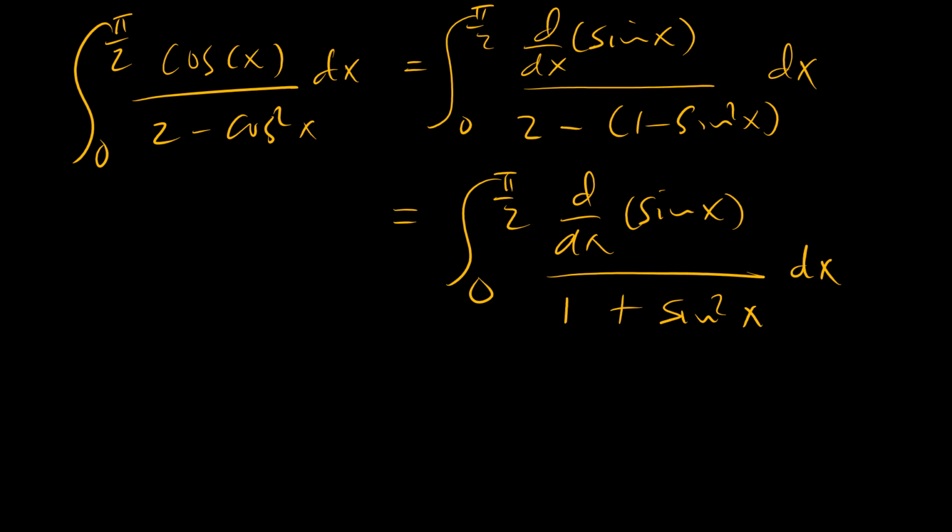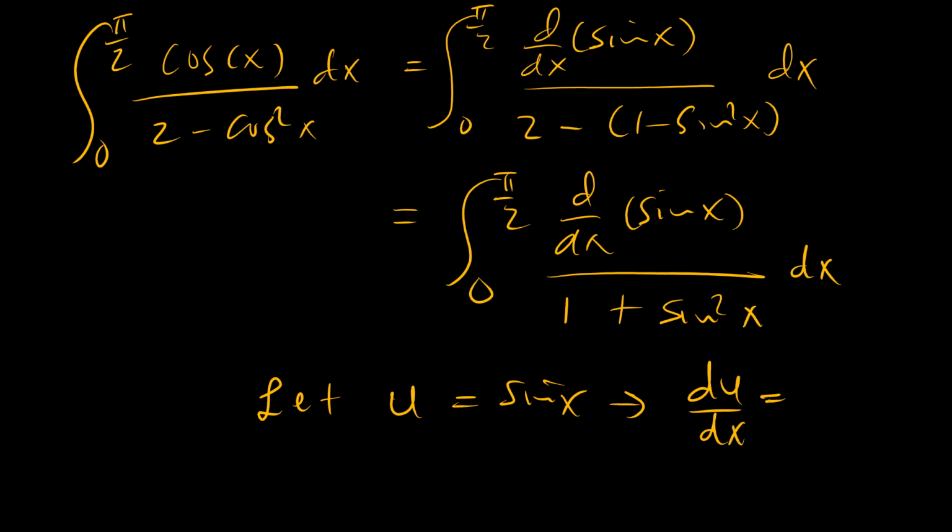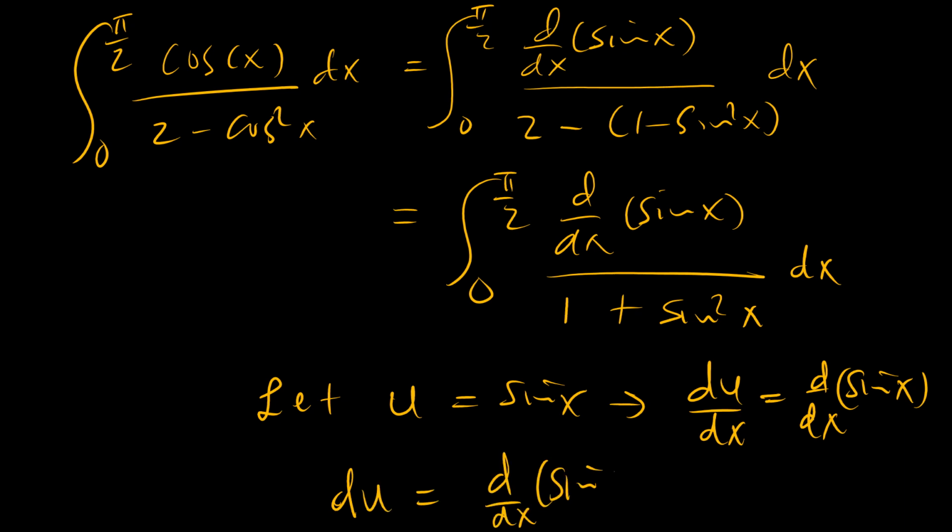So we could say, because sine x really looks very demanding to be substituted, let u be equal to sine x, and that means that du dx is the same as the derivative of sine x, and therefore du can be used to substitute the derivative of sine x dx.